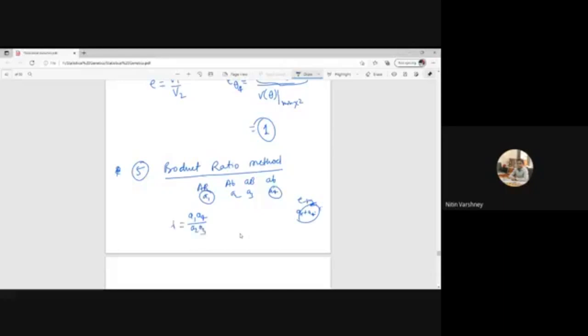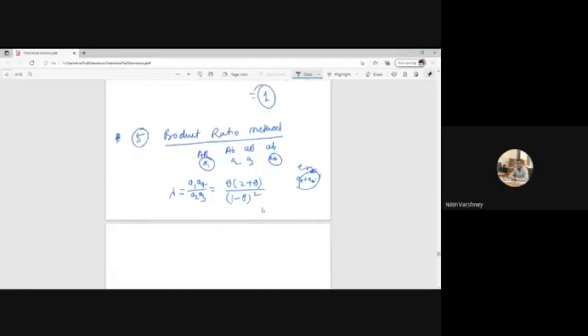Suppose this is lambda, some ratio of observed frequency of parental type divided by recombinant type. After calculating this, we will get (2 plus theta) upon (1 minus theta) whole square.